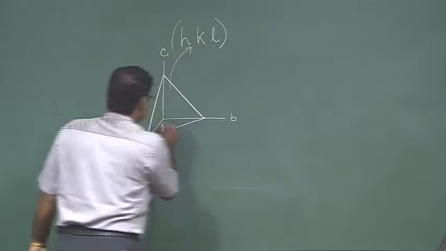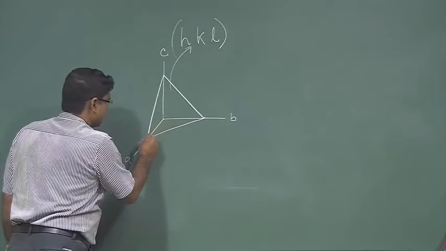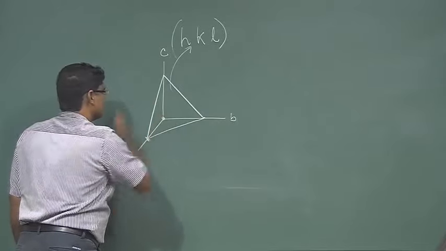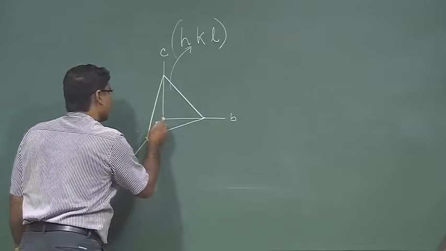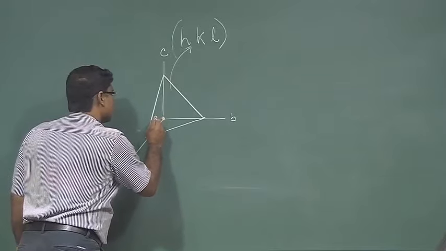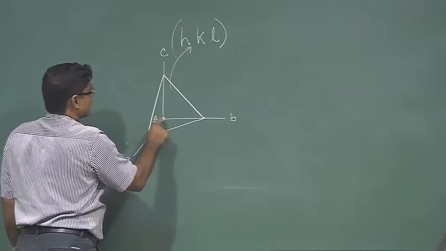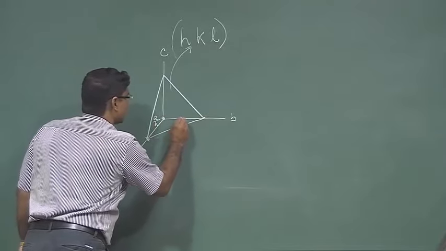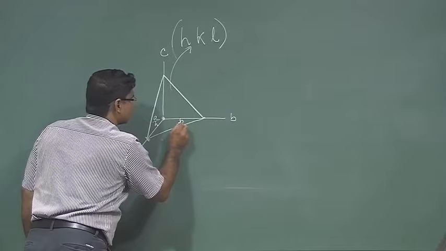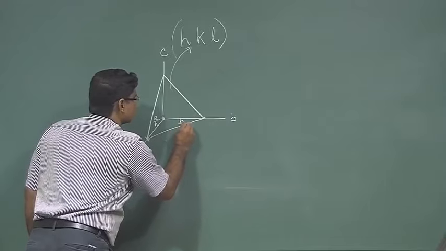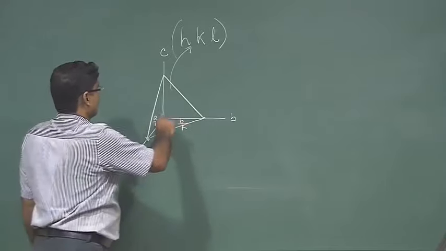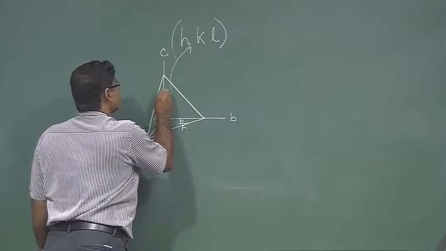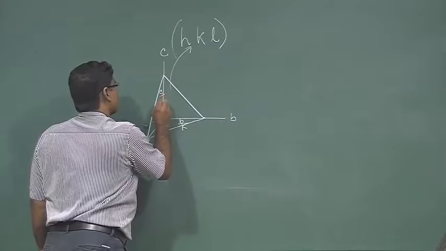So that means it intersects, and this is the origin. This length will be A by H, this is B by K, and this is C by L. Okay.